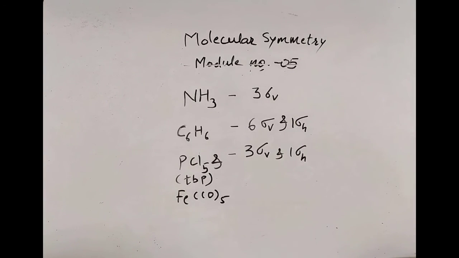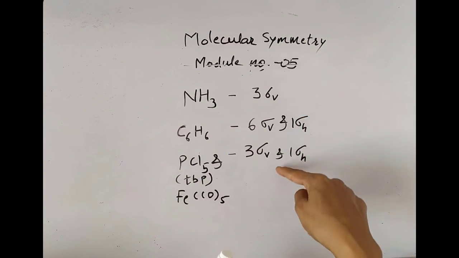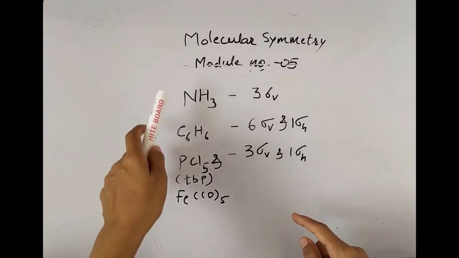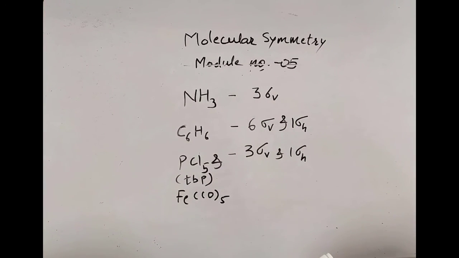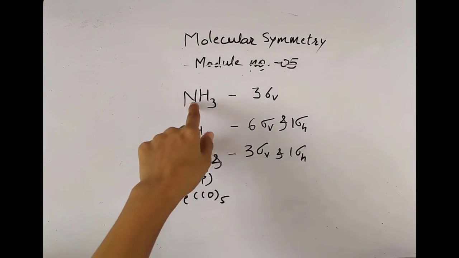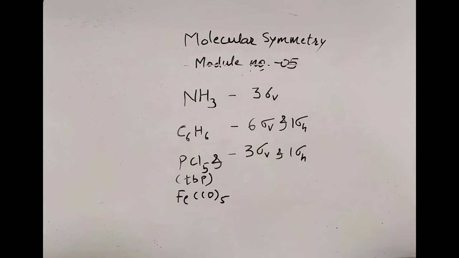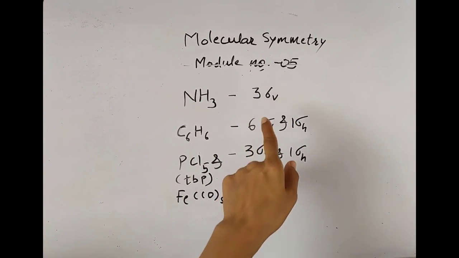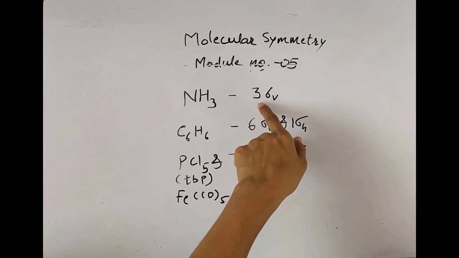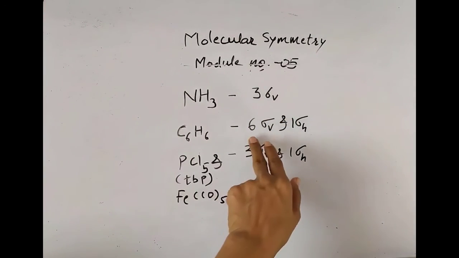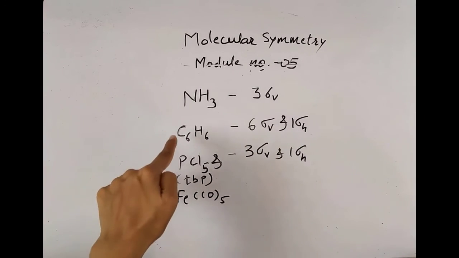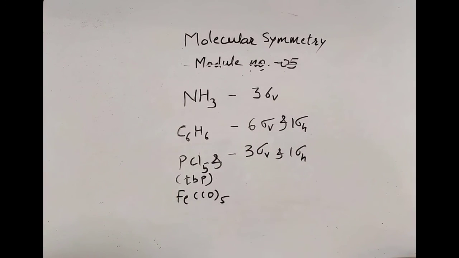So this is the final answer I have told you, but still you have to try to find out these planes in the molecule. You can make a model at home for the ammonia molecule and try passing the planes and find out how there are 3 vertical planes in ammonia. Similarly, find out these planes in these molecules also.